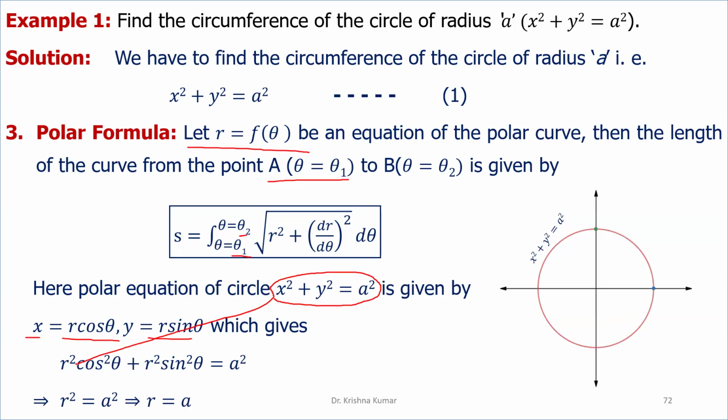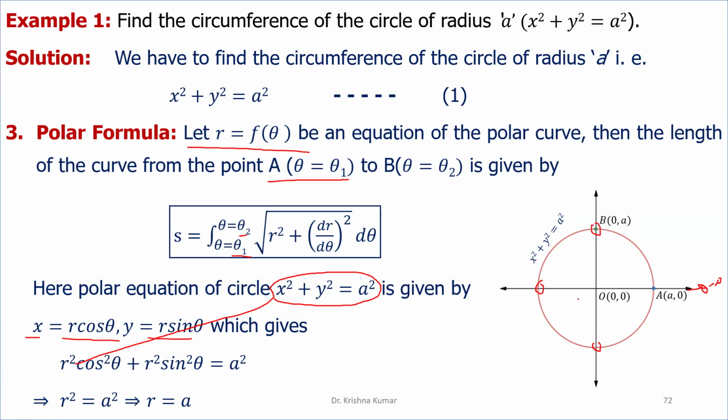So this is the circle, and now we are using the polar curve. In case of a polar curve, this is theta equal to 0, this is theta equal to pi by 2, this is pi, and this is 3 pi by 2.